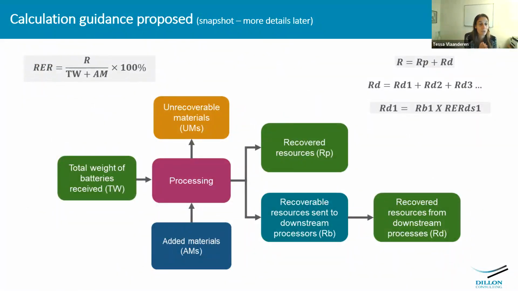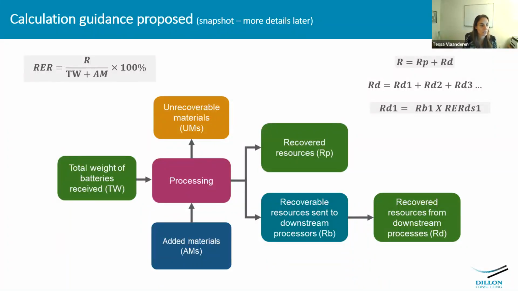Now, without going into too much detail on this graph, this is what we mean by additional calculation guidance, where there is a recognition of all of the potential material streams that enter the battery recycling process, and clear guidance on how this should be accounted for.